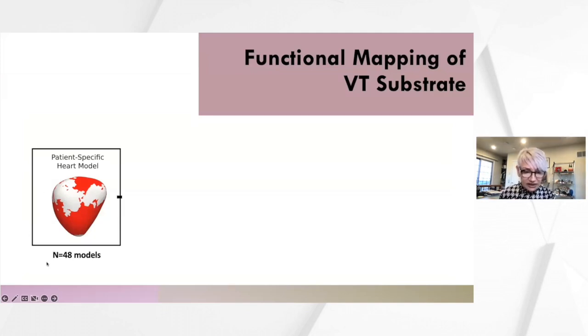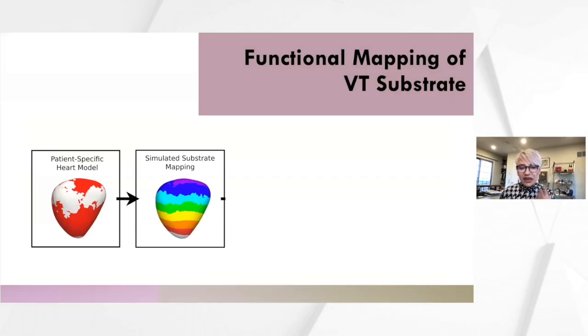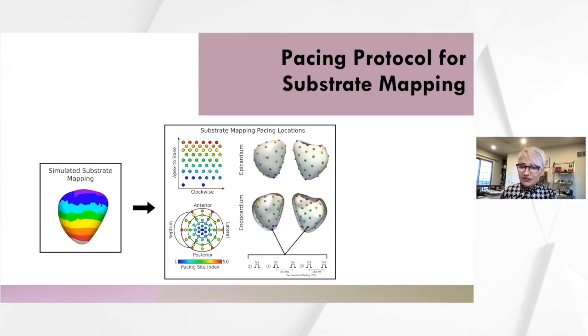In this study, we used 48 models of 48 patients and reconstructed them from imaging modalities. Here you can see the distribution of the zone of infarct. And then we did substrate mapping by wavefront propagation from different pacing sites. Given that this is a simulation study, we were able to pace from many locations.